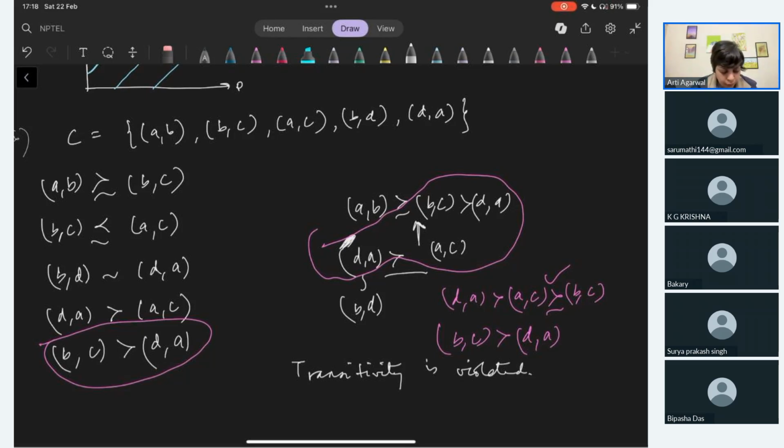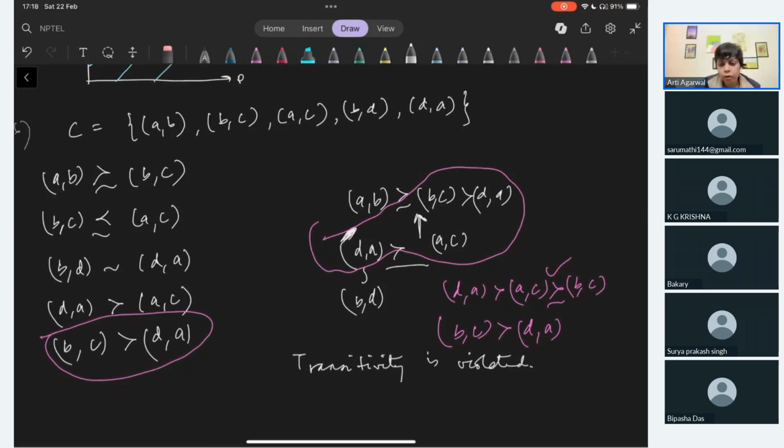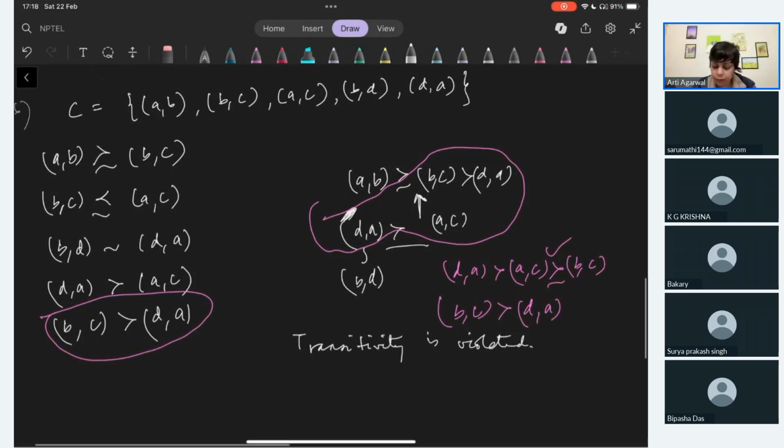So let's see if we have a relation between all of them. Let me open the question once again. Right. So I think you're getting a relation between all the others, but because transitivity is violated, you cannot really say anything about completeness.